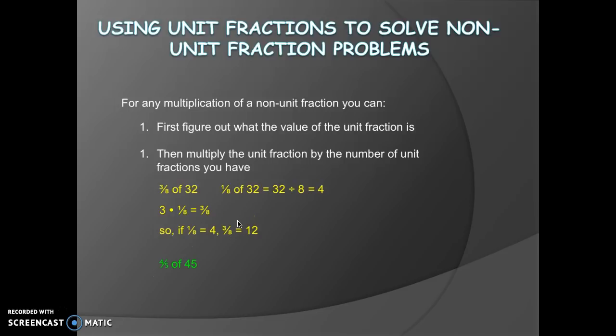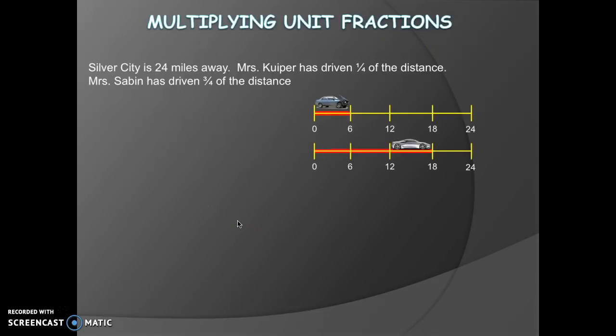So if 1/5 is 9, 4/5 would be 4 times 9, or 36. Okay, like I said before, if taking some items helps you, get 45 pennies, divide them into fifths, 5 equal groups. You'll notice there's 9 in each group. 4 of those groups would give you 36 pennies.